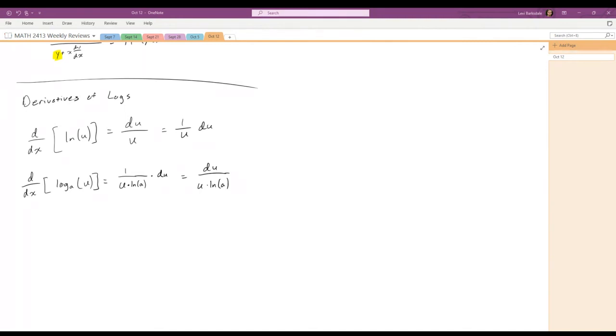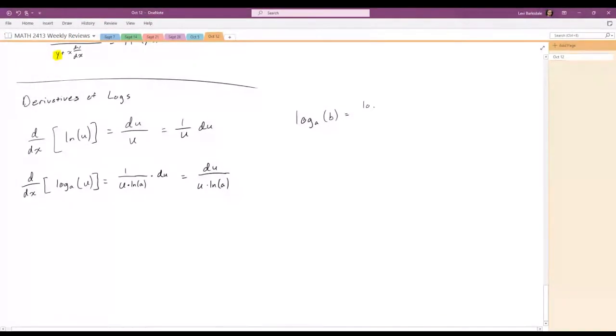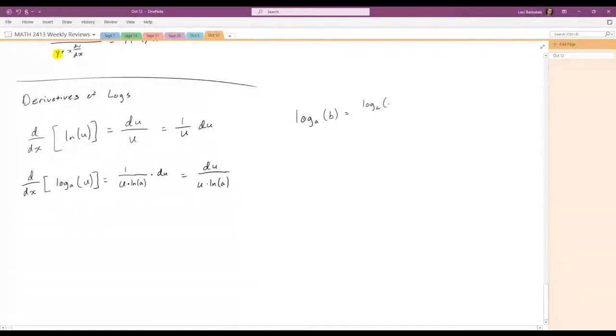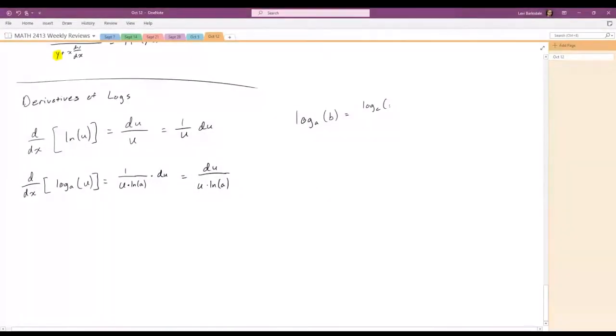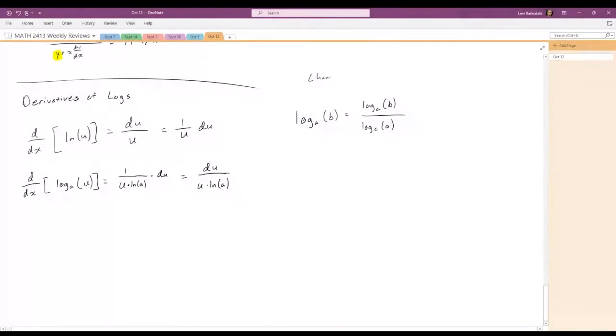Perfect. So our change of log base formula says that the log base a of b is equal to log base whatever we want, c of, I believe it's b, divided by log base c of a. So this is your change of log base formula.